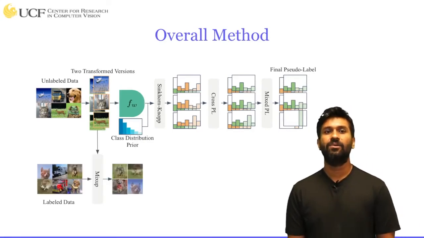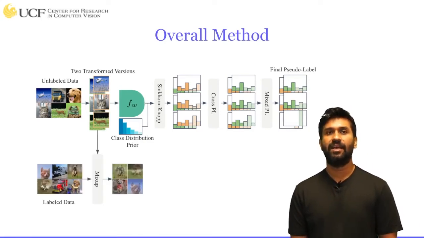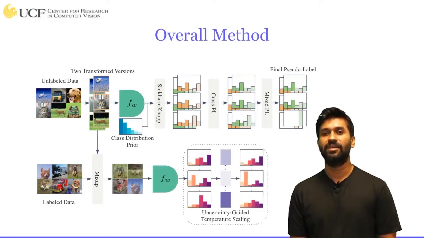Now we'll pass the labeled data and the two transformed versions of the unlabeled data through mix-up augmentation, and we'll have our mixed input. Then we'll pass it through the network and get the initial output probabilities, and we'll perform our uncertainty guided temperature scaling for reliable training.